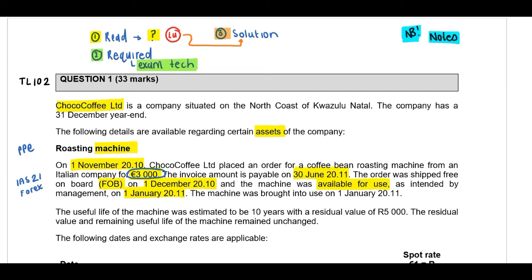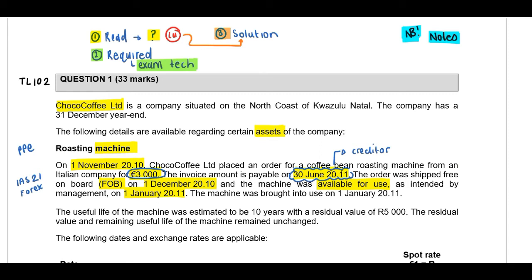And then we are able to identify the invoice amount is payable on 30 June 2011. Therefore, if it is payable, we know that we will have to recognize a creditor, which will be outstanding at year end. The order was shipped free on board on 1 December 2010.